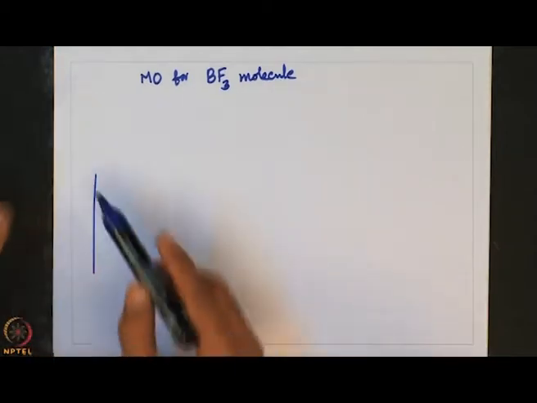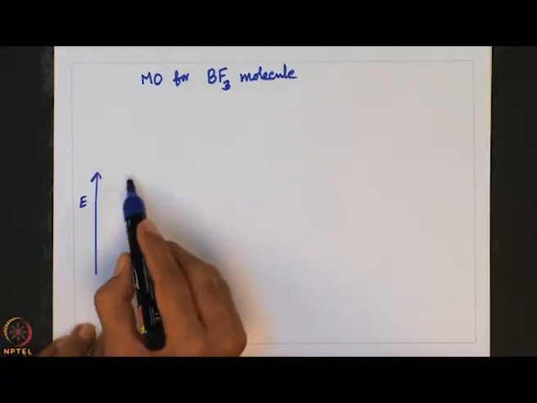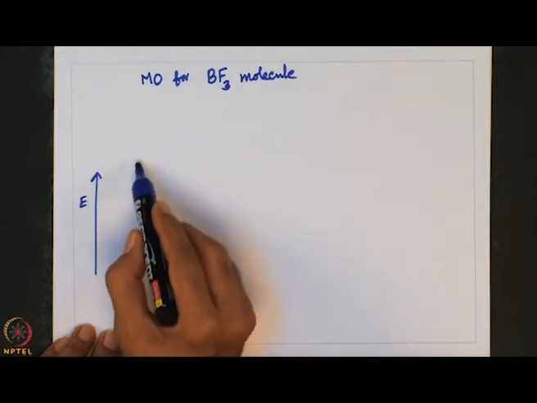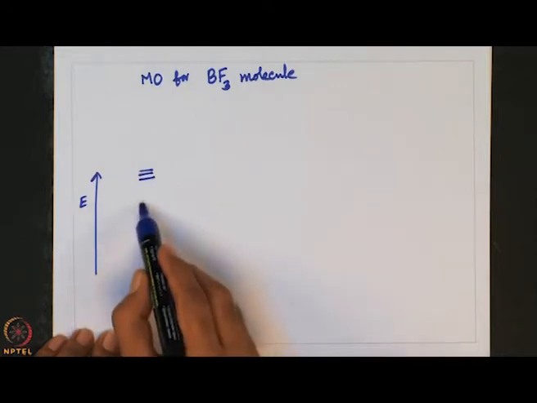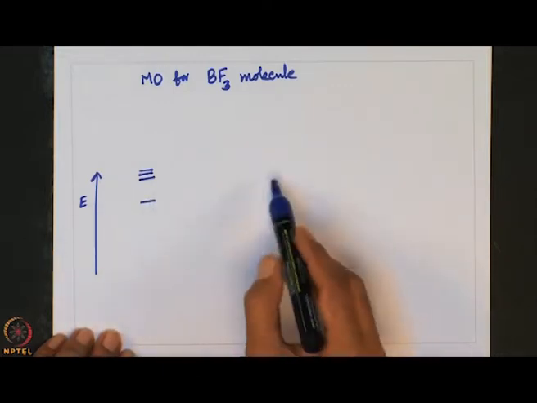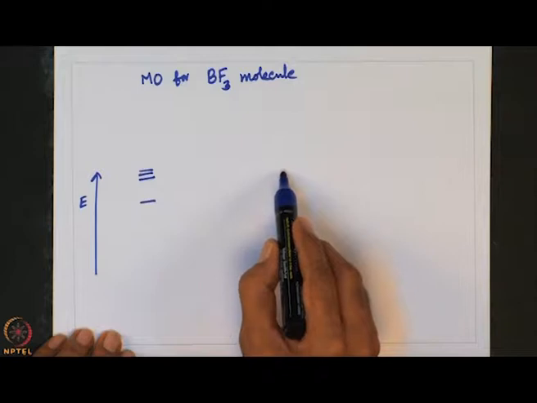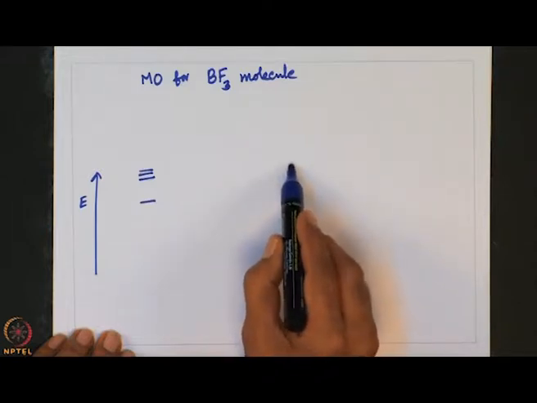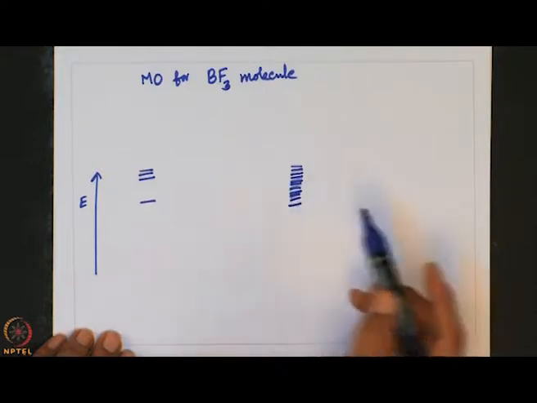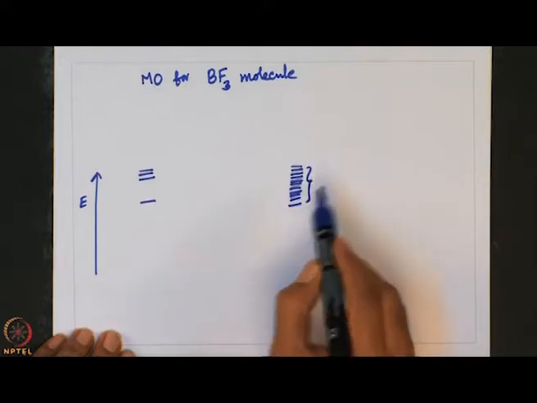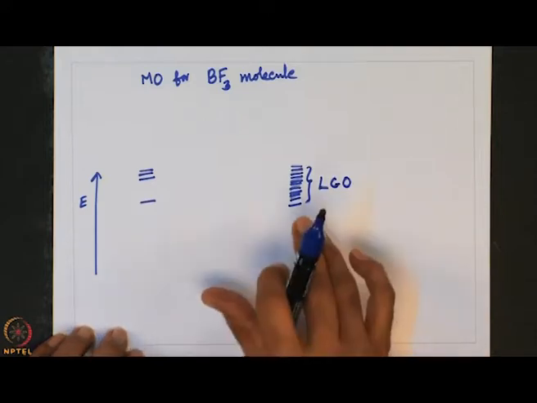One should remember this all the time. Here we have 2p and then 2s, and then the ligand group orbitals are considered. In total there are 12. These are all called ligand group orbitals. I had already mentioned how we are taking 12 here.